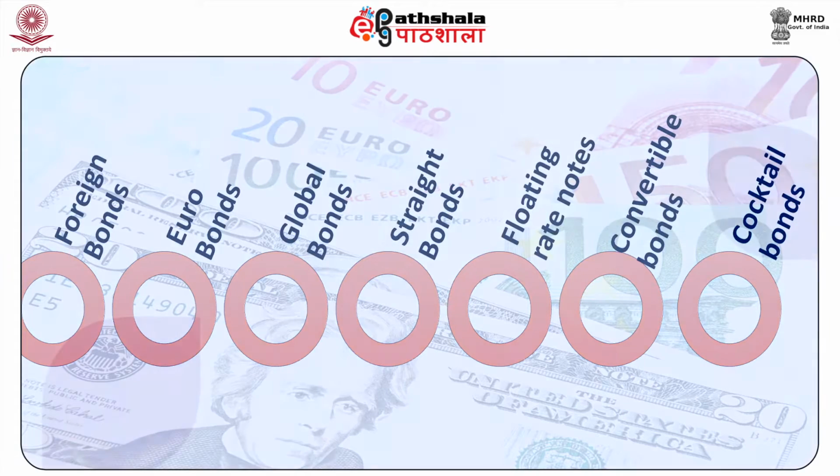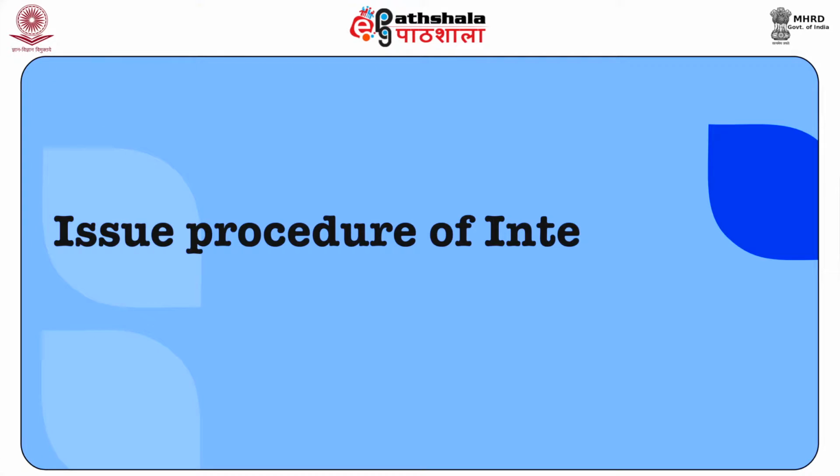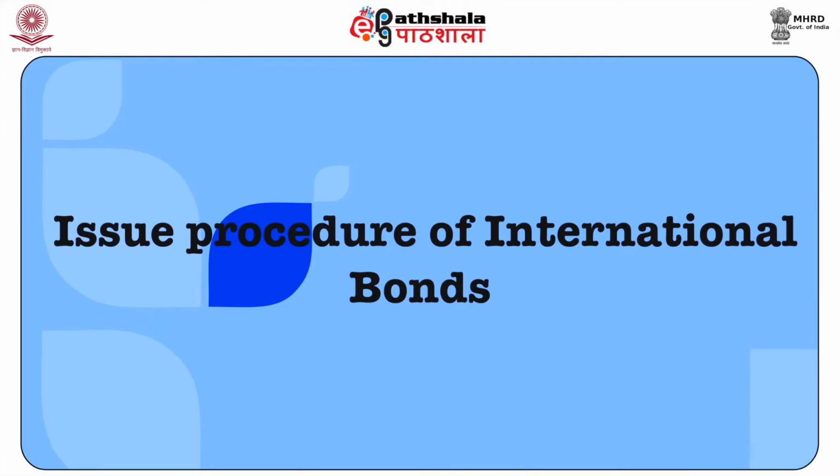Now let us discuss the issue procedure of international bonds. There are certain steps involved in the process of issuing international bonds. These steps are: as the process of issue is highly technical and complicated, the issuer, generally a government or a company, appoints a lead manager, which may be a commercial bank or an investment bank.